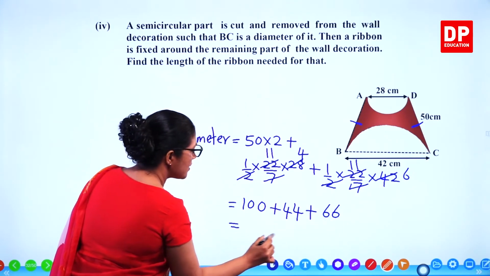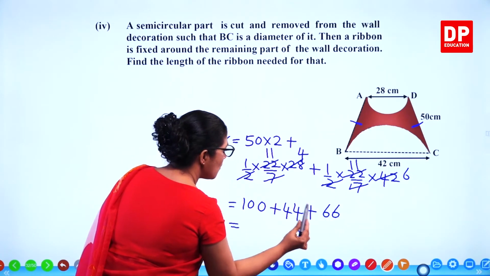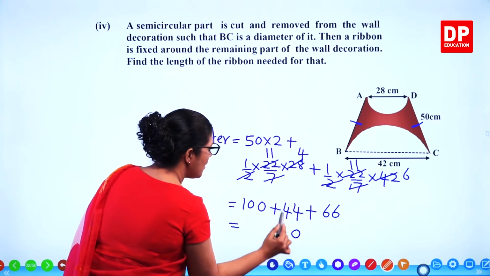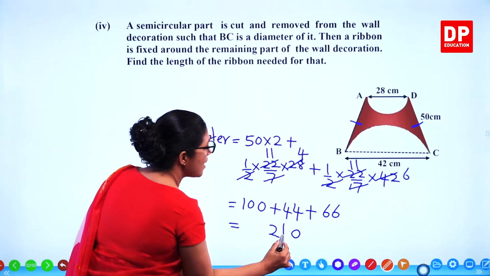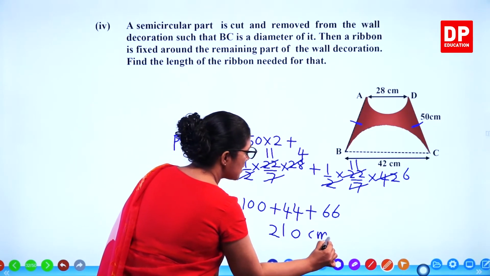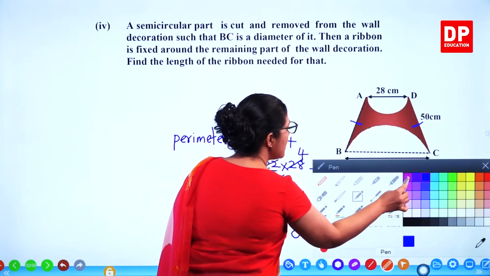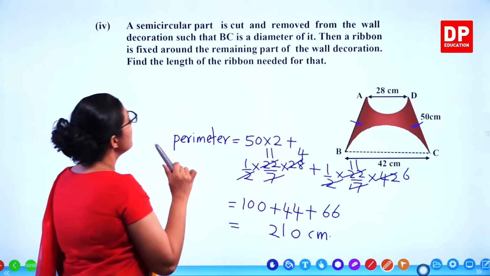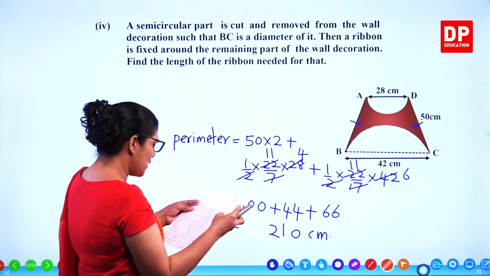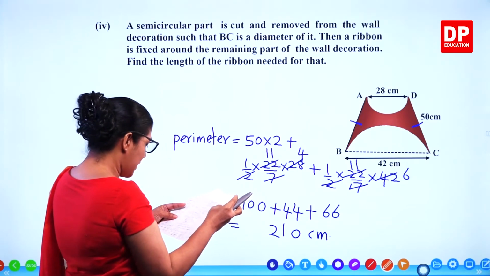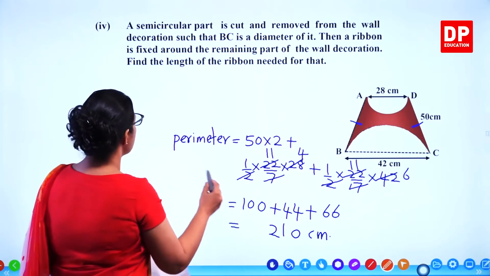When you add it, that's 210 centimeters, the perimeter, and the length of the ribbon needed for that. So how many marks for this part? So you are getting 3 marks for this.